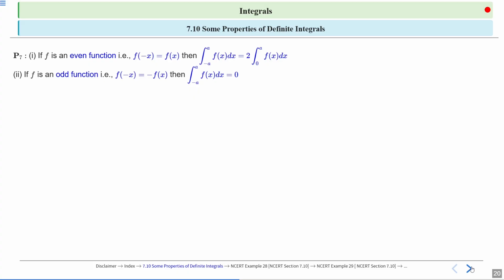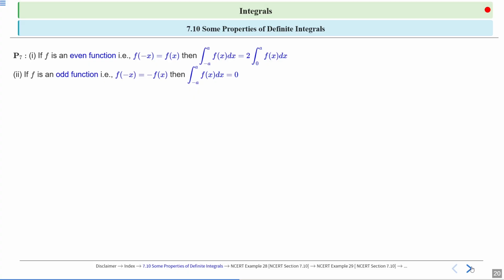So from now, if you want to calculate the definite integral value of an even function, we don't need to calculate from minus a to a. We just calculate from 0 to a of f(x) dx and double it to get the value of the definite integral from minus a to a of f(x) dx.